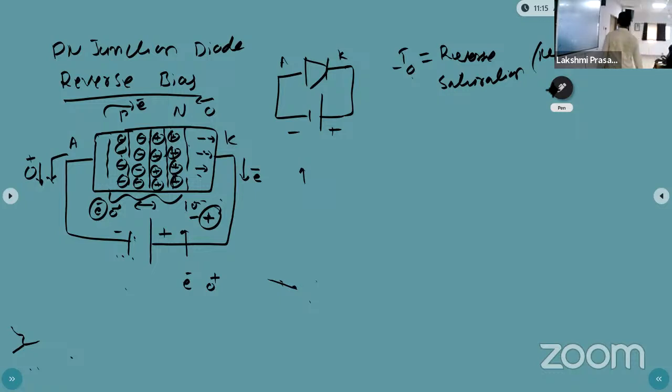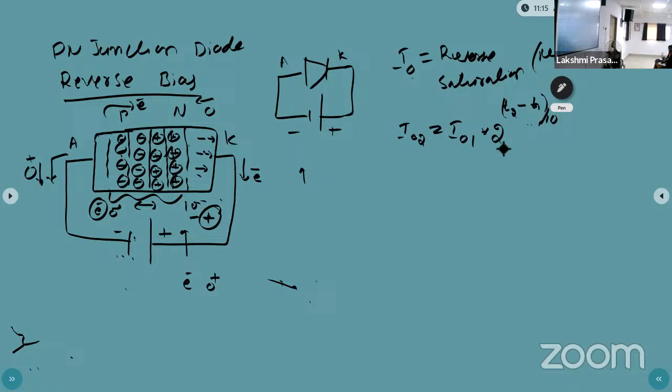I will give one point here for the objective type questions. Here I02 is equal to I01 into 2 to the power (T2 minus T1) by 10. What is I02?